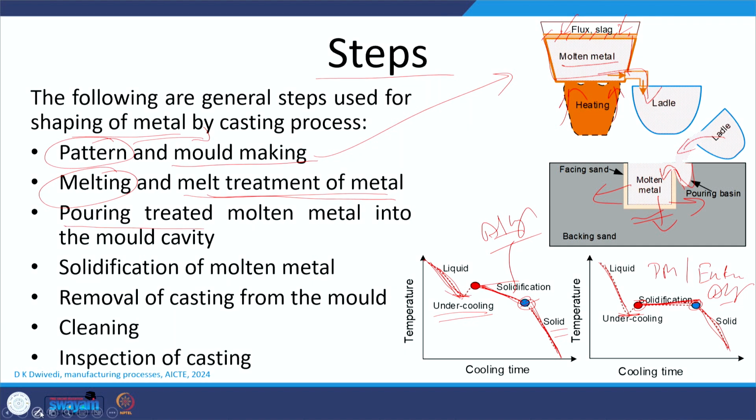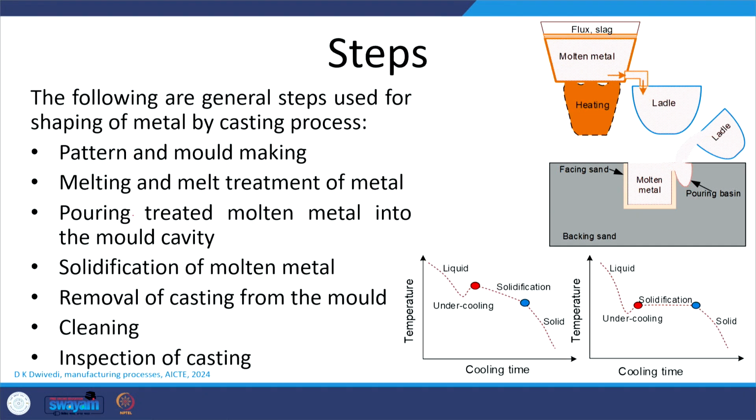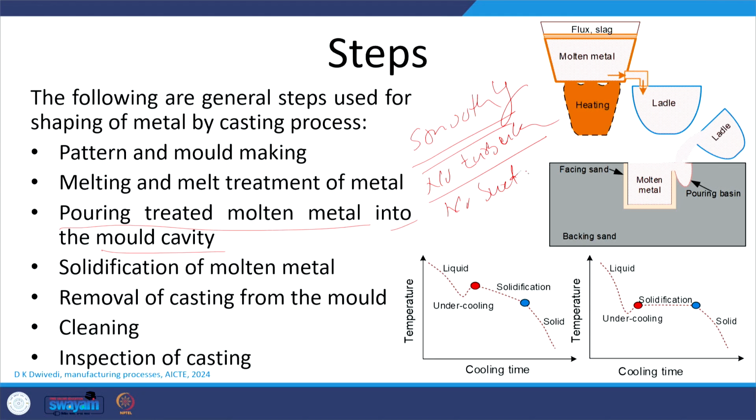So, as far as the pouring step is concerned, the treated molten metal is poured into the mold cavity. This is to be done such that the molten metal fills the cavity very smoothly, with no turbulence, and no suction of air from the atmosphere, in order to maintain the quality of the molten metal, and no damage to the wall of the mold.